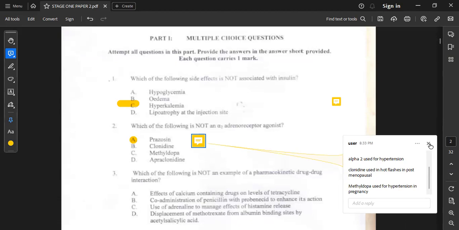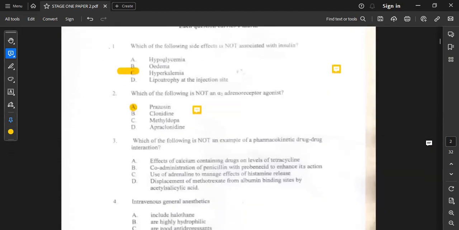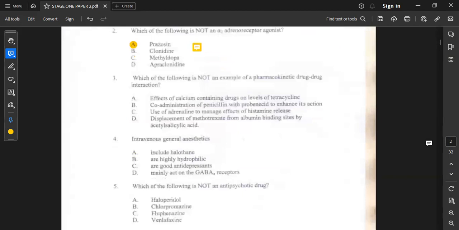Which of the following is not an example of a pharmacokinetic drug-drug interaction? Effects of calcium-containing drugs on levels of tetracycline, co-administration of penicillin with probenecid to enhance its action, use of adrenaline to manage effects of histamine release, displacement of methotrexate from albumin binding sites by acetylsalicylic acid.